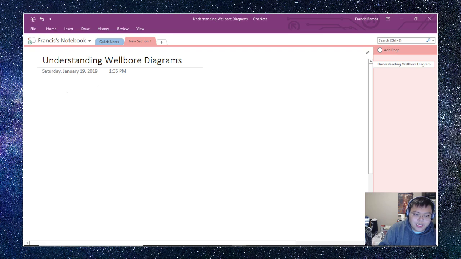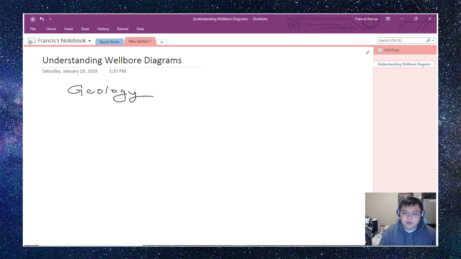There's the geology, for example: how deep your source rocks are, and what kind of formation you are dealing with. Technically, under this category I also want to include the weather, because when designing a well you also have to take into consideration the conditions where it's going to stay.